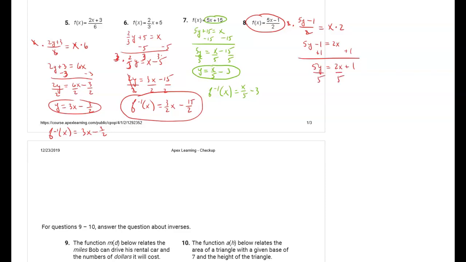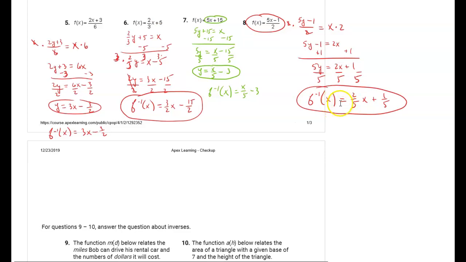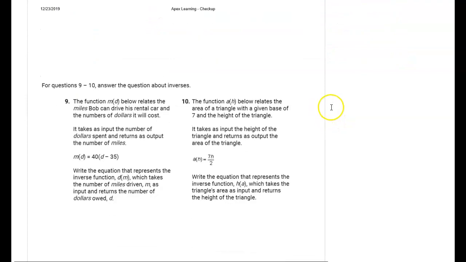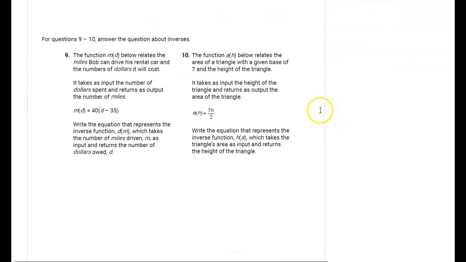Now, divide everything by 5. So the inverse of f of x would be f inverse of x equals 2 over 5 x plus 1/5. And we are done. Okay, so finding the inverse of a function is pretty straightforward if you understand how to solve for the variables.